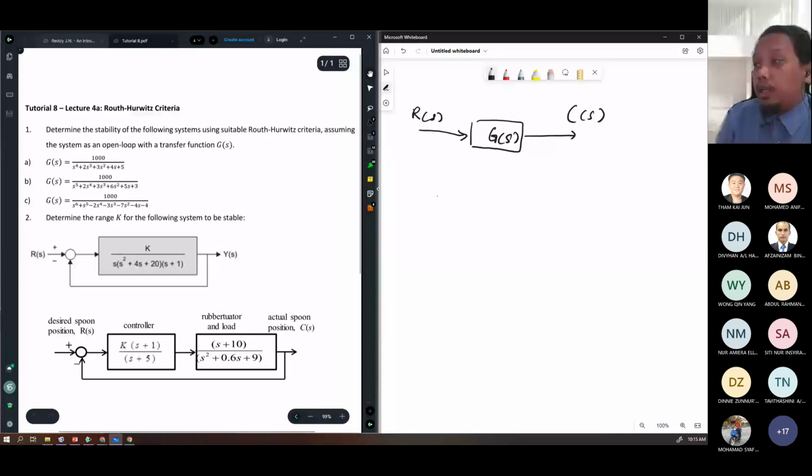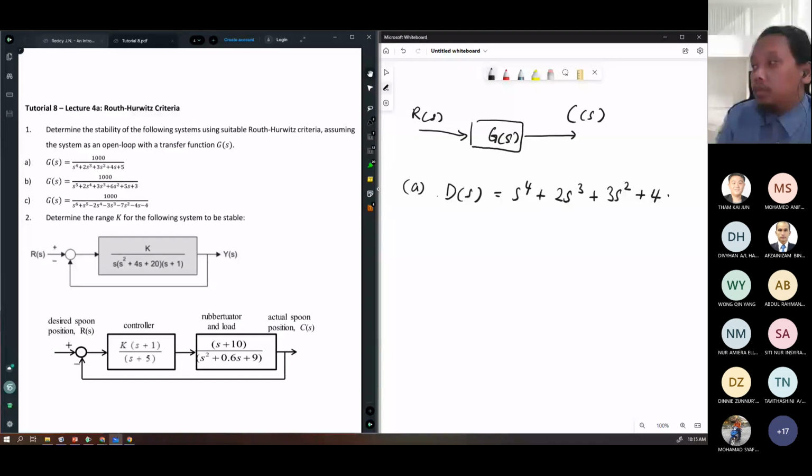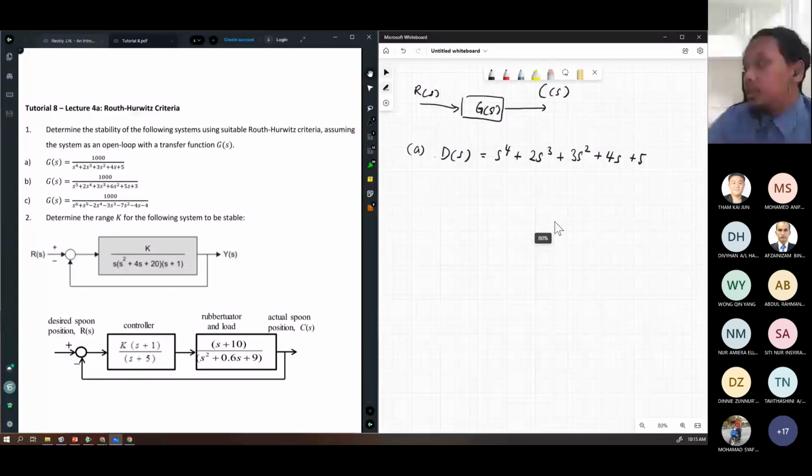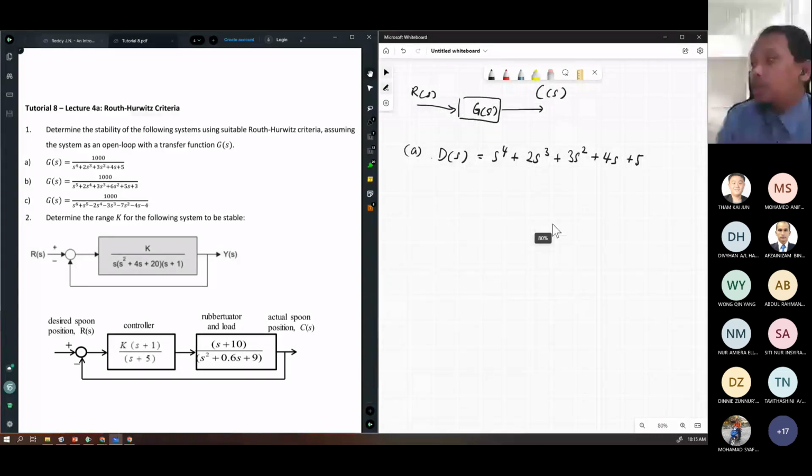Okay, so let's look at question A. For question A, let's take the denominator. And then from here, you can generate the Hurwitz table. So we start with S power 4 and S power 3.